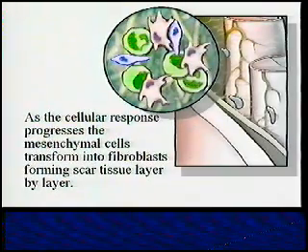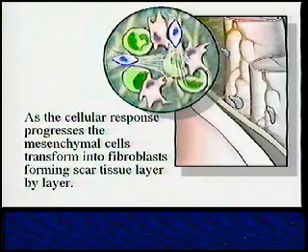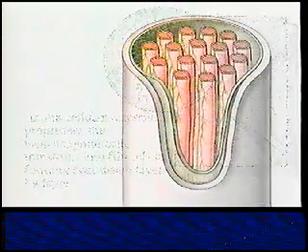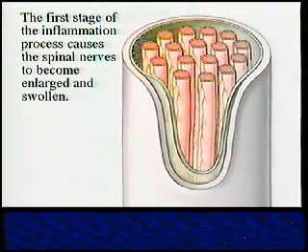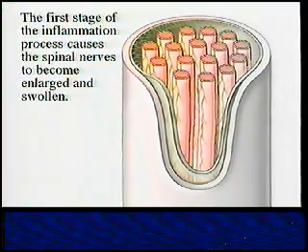As the cellular response progresses, the mesenchymal cells transform themselves into fibroblasts. These are the cells that form collagen and form scar tissue. Scar tissue is, in fact, collagen. The first stage of the inflammatory process causes the spinal nerves to become enlarged and swollen, as shown here.